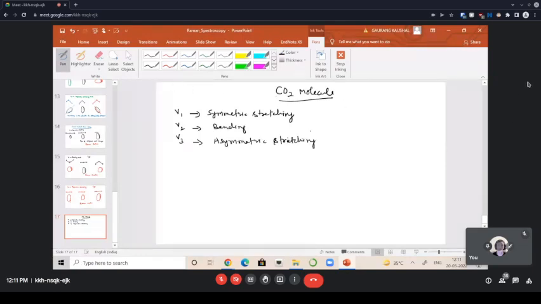The first mode was Raman active, the second mode was Raman inactive, and the third mode was again Raman inactive. Let us try to understand why it is so.